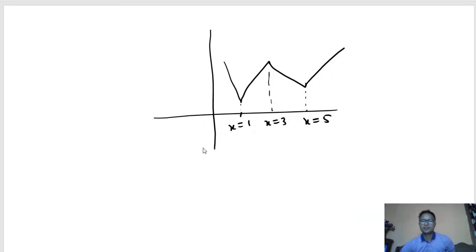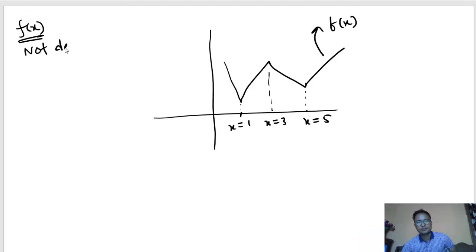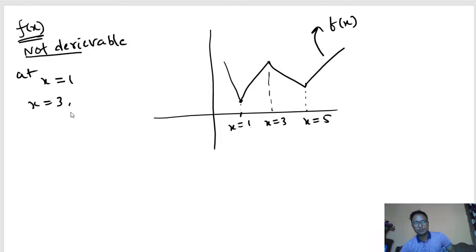If this is your function f of x, it has pointed corners at x equal to 1, x equal to 3, and x equal to 5, so it is not derivable at those points.